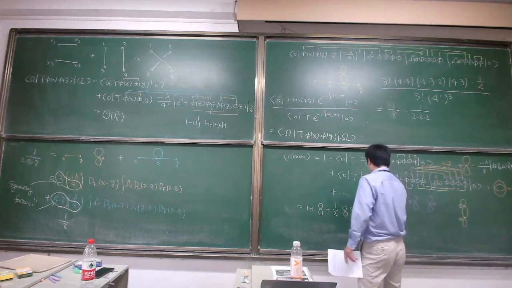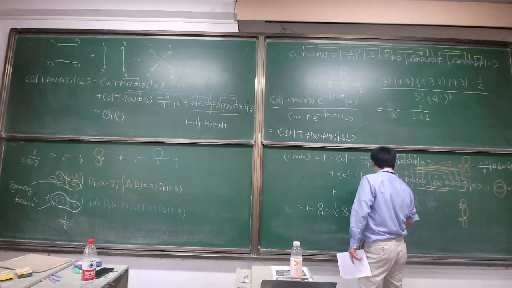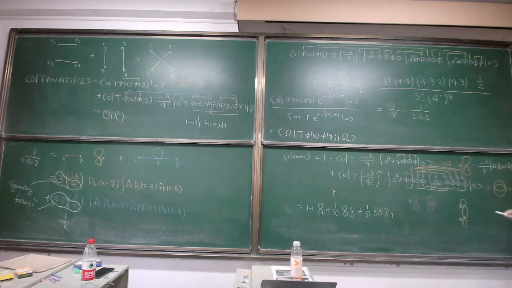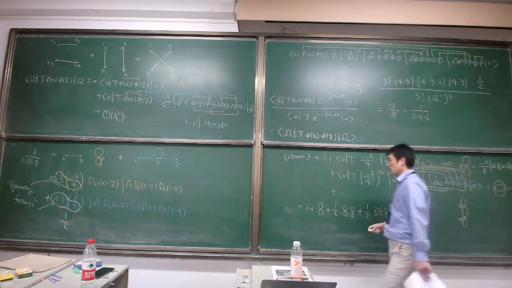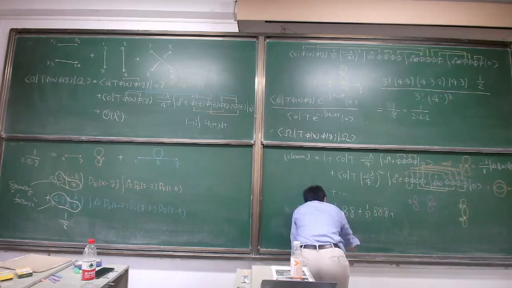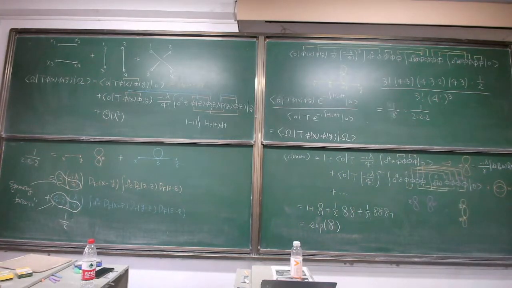So this will give you 3 factorial and 8, 8, 8 in lambda to the cube and so on. So therefore this is essentially equal to exponential of this 8. Exponential of 8. 8 diagrams.